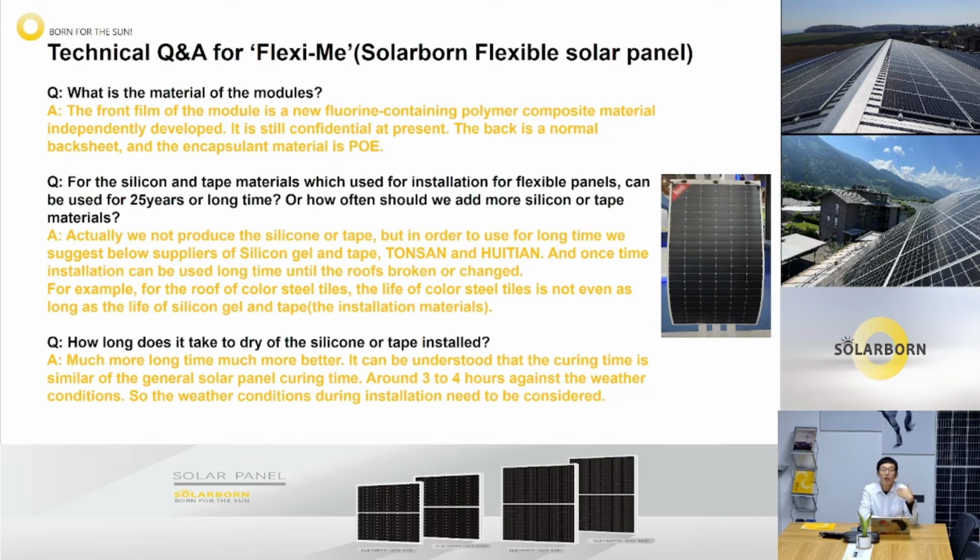That's why the longer, the better, and it can be understood that the curing time is similar to the general panel. The weather conditions during the installation are very important and have to be considered. A rainy day is not good for the installation of the flexible panel, but on a sunny day, it's better to keep it dry, to keep good installation conditions for the flexible panel.